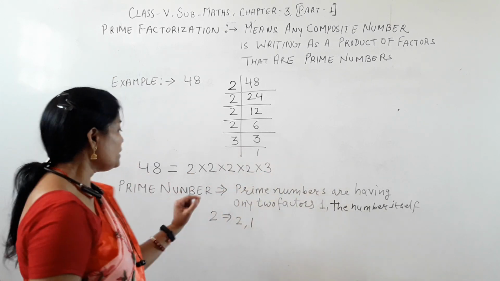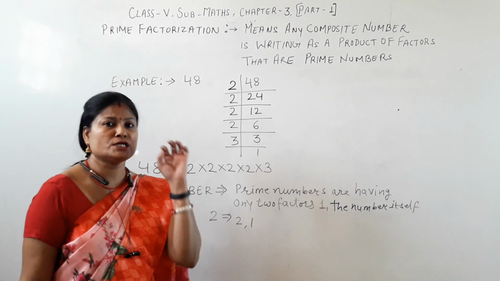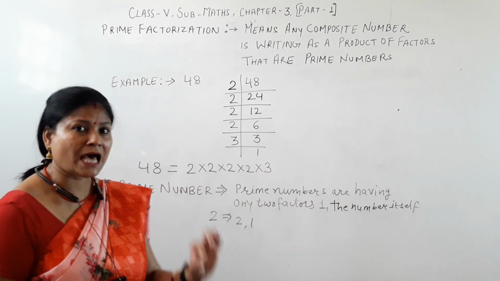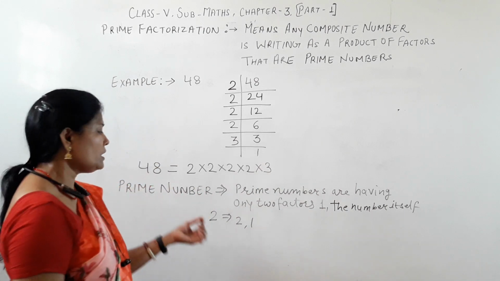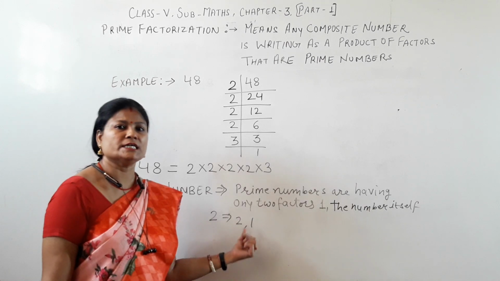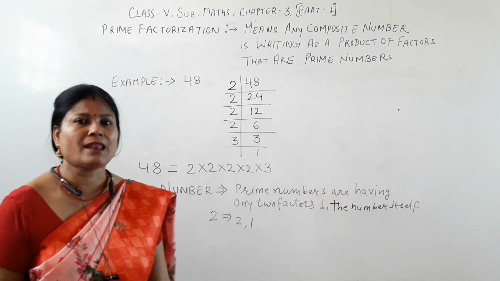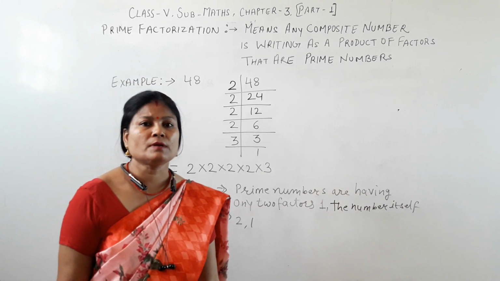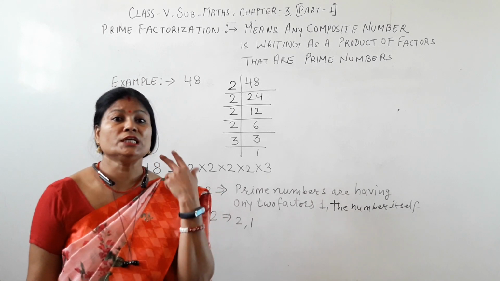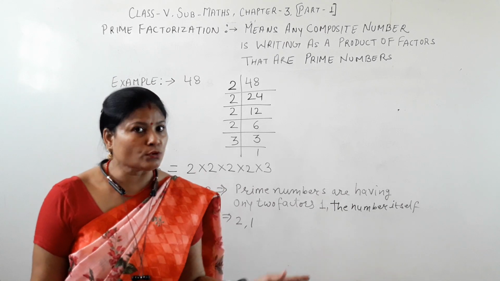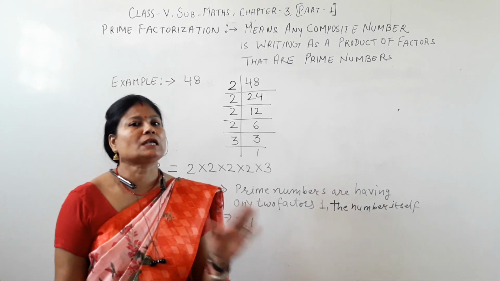What is the meaning of prime number? A prime number is a number which is divisible only by itself and 1. Or in easy language, a prime number has only two factors, not more than two and not less than two.